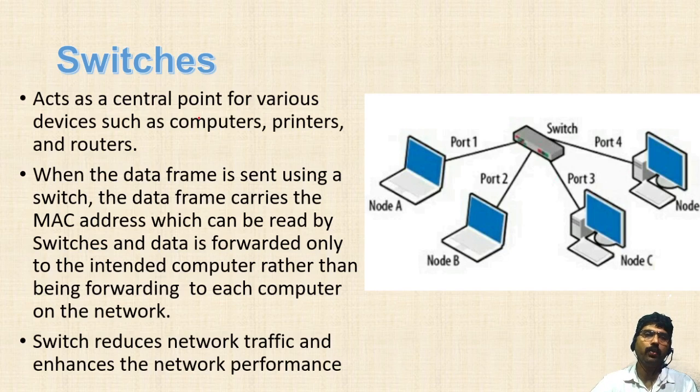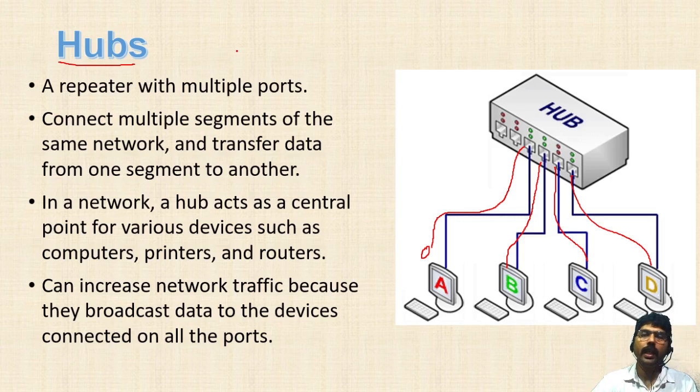The next one is called switches. One more point about hubs is that a hub acts like a central point, meaning many different computers or devices are connected to the hub. Generally, it is used in the star topology.